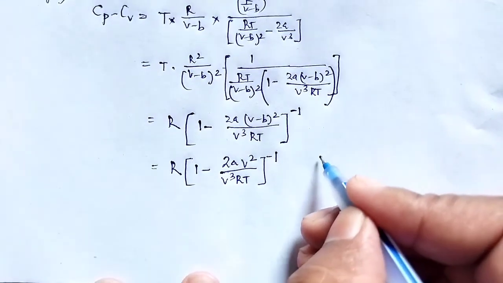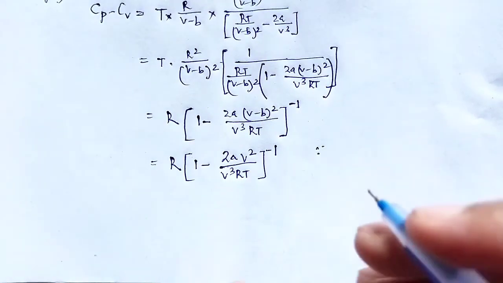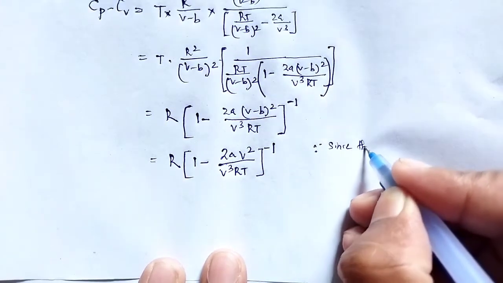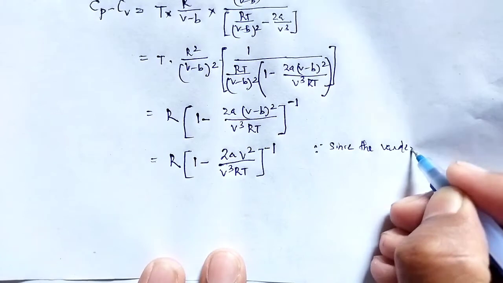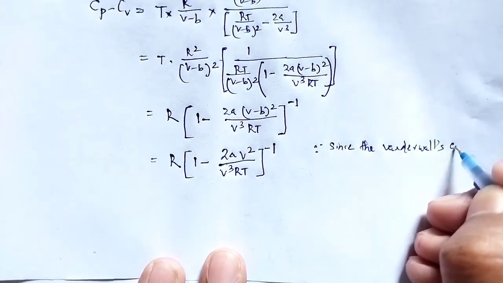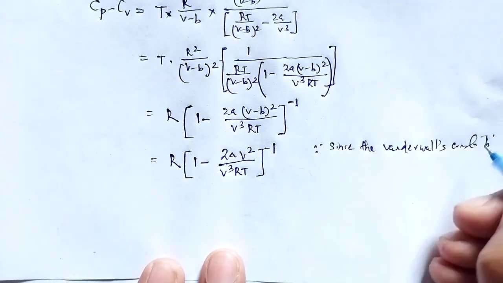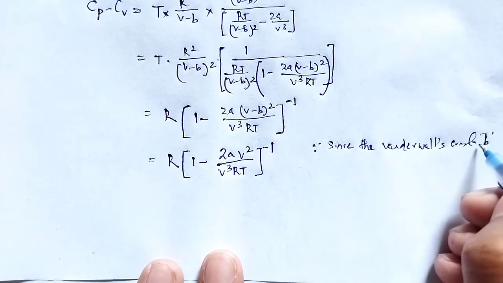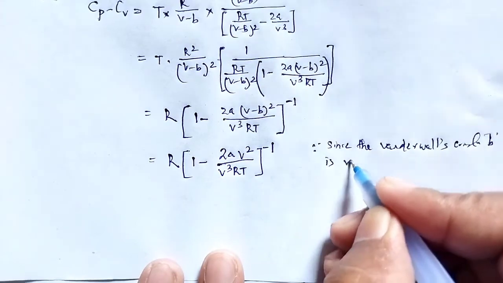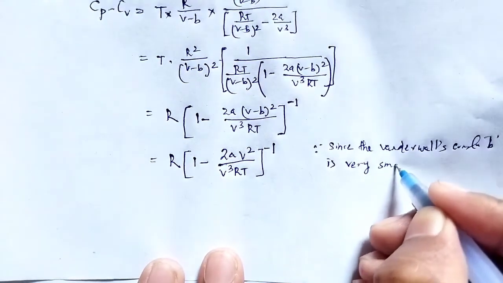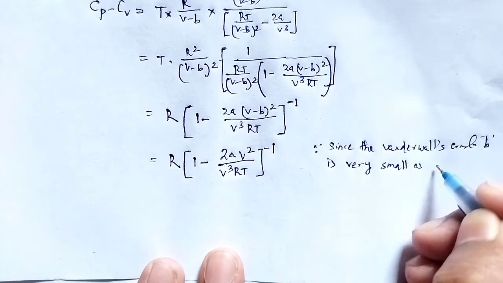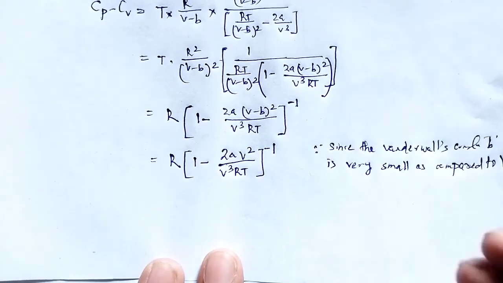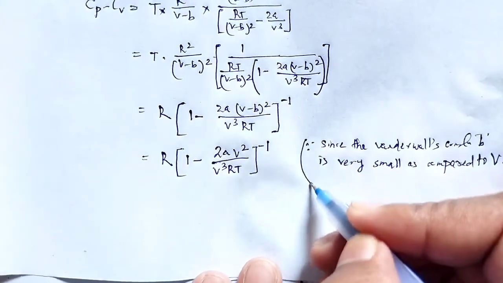Why do I neglect b here? Since the van der Waals constant b, which is known as co-volume, is very small as compared to V, the volume.